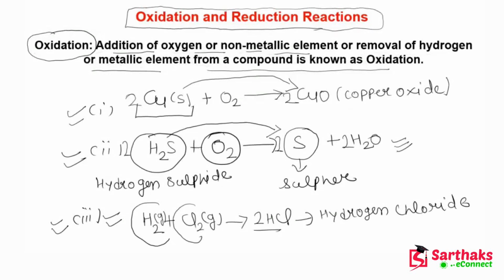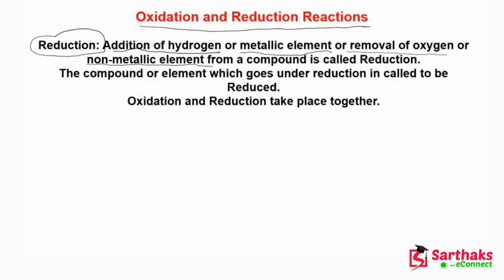Here you can see that removal of hydrogen or metallic element is oxidation, but here removal of oxygen or non-metallic element is reduction. Okay, so if you understand oxidation, then you will automatically be able to understand reduction.